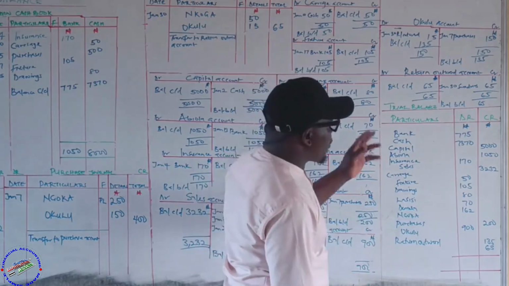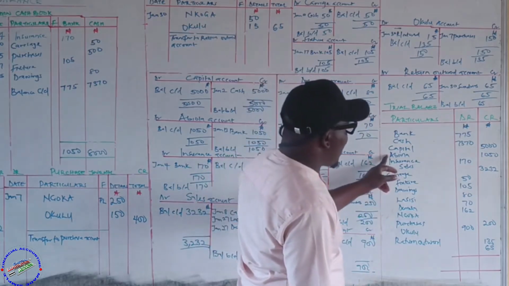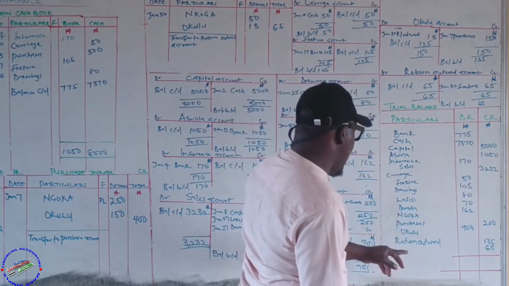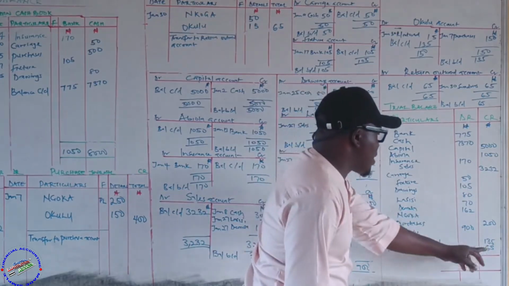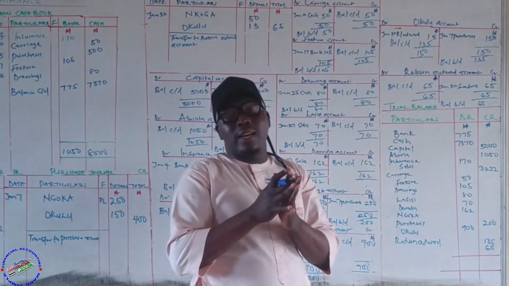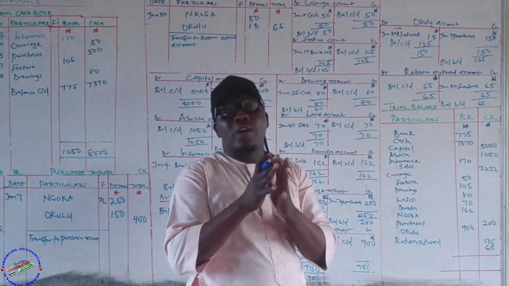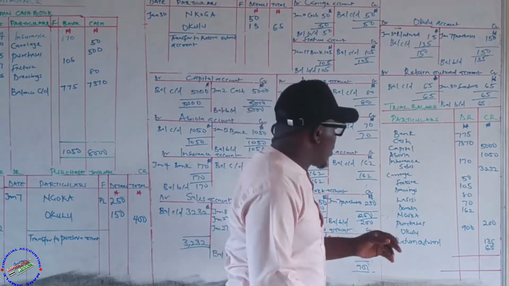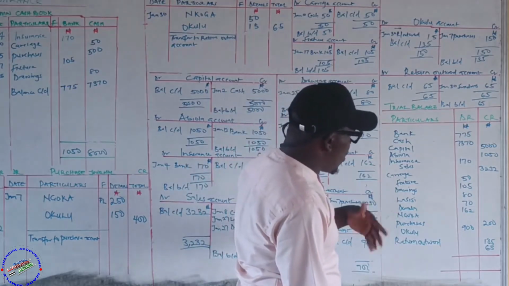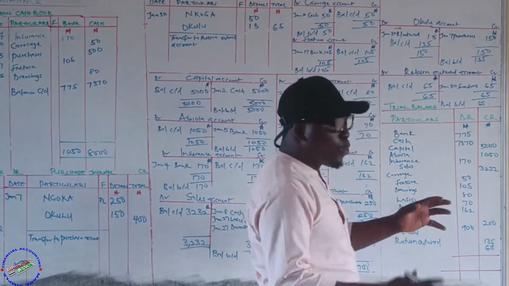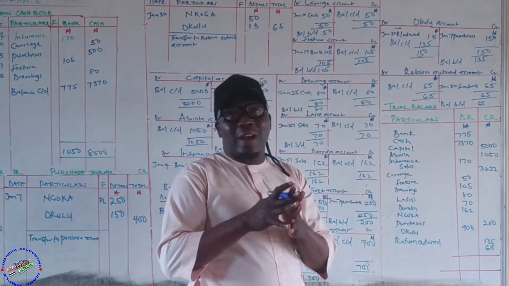So if you look at individual things we have here, Abiola on the credit side, Okulu and Ngoka both on the credit side. We normally group them together and we refer to them as creditors. We classify them as creditors. And if you look at those that are the individual or personal accounts on the debit side, like Lasisi and Demola, when we group them together, we classify them as debtors.